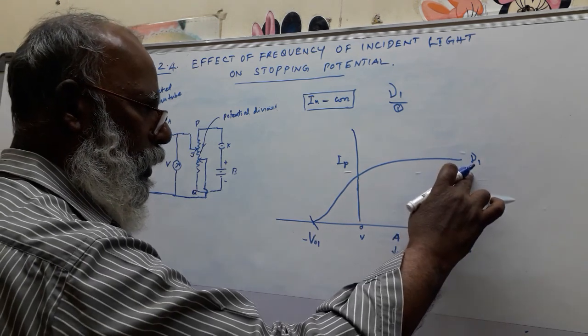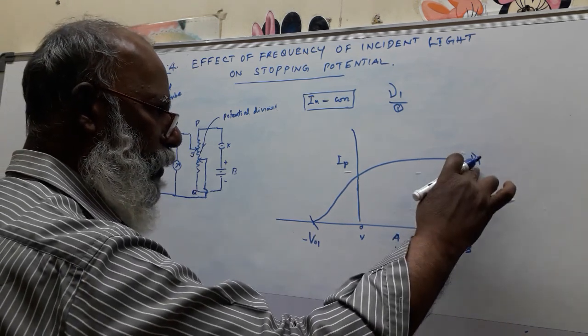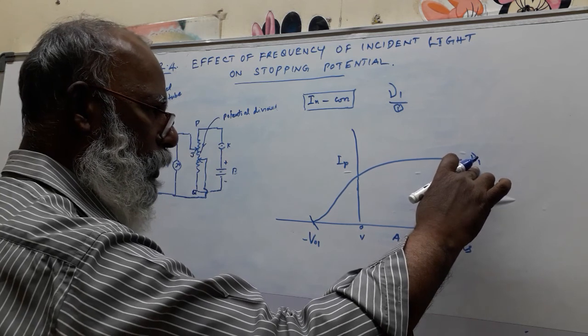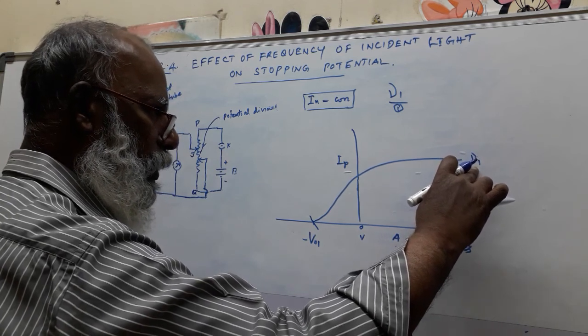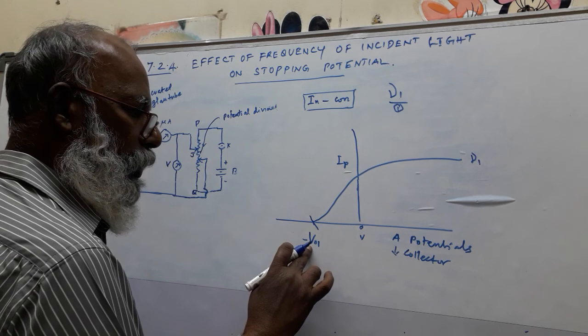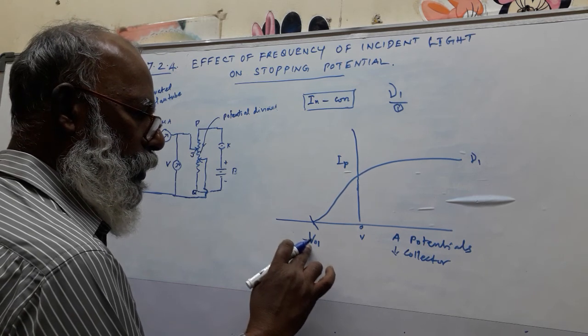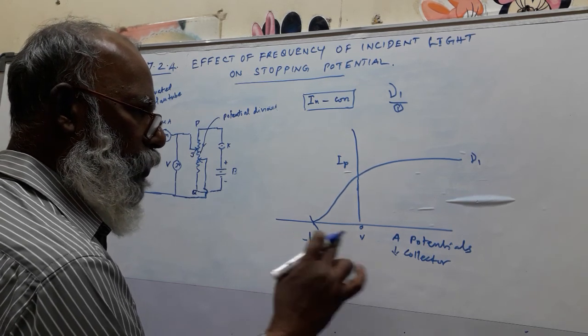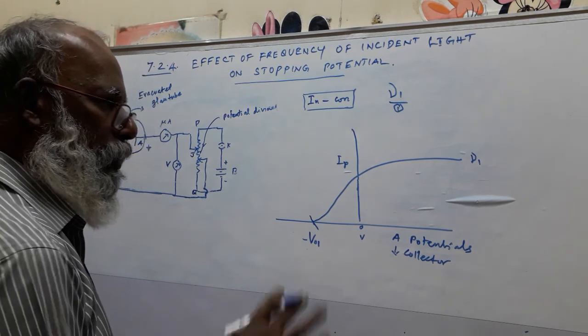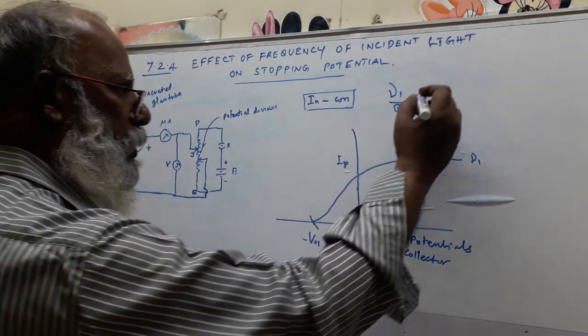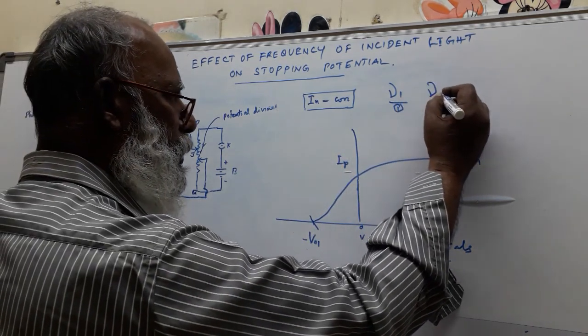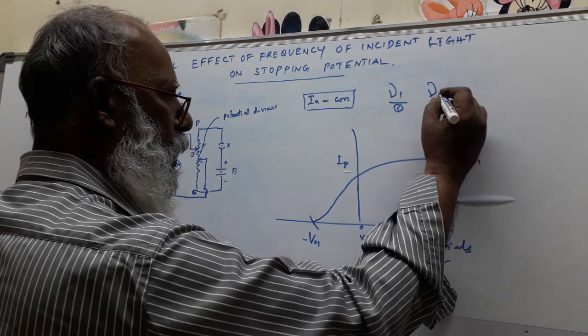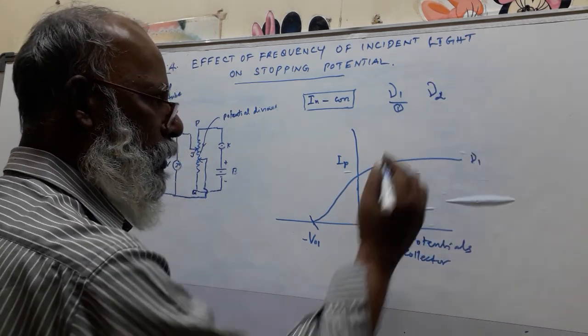That means if the incident ray possesses the frequency nu1, then the stopping voltage is said to be minus V01. In other words, you can increase the frequency of the incident ray to nu2, slightly raised.